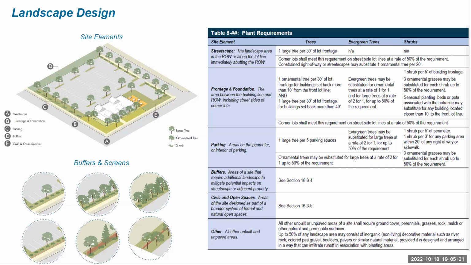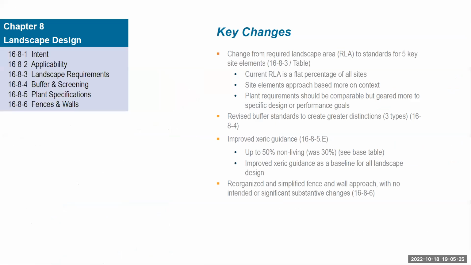Okay. Chris, if you could go back to the last slide on the, yeah, so that is correct. Currently, you need 70% of the required landscape area to be living, and the rest of the 30% of your landscape can be non-living.